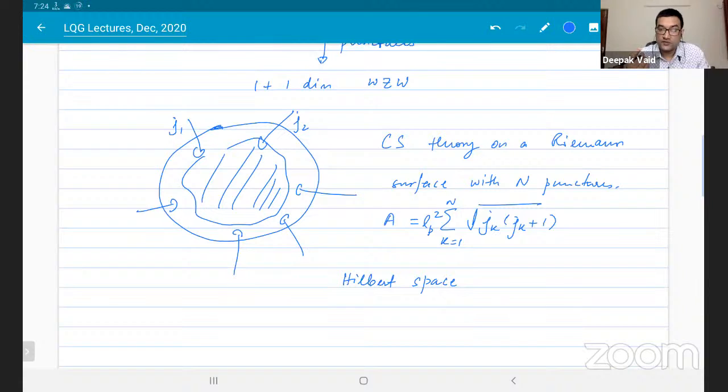Because this is what the picture tells us, that your horizon is made up of patches, quanta of area, which are all linked together, right? So there is a tiling or a tessellation of your horizon, and essentially when you're counting the black hole entropy, what you're doing is you're counting the number of ways in which you can tile a surface, right? Or the number of ways in which you can triangulate a surface.